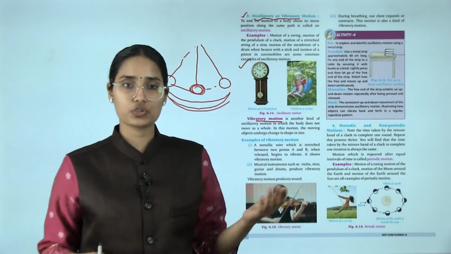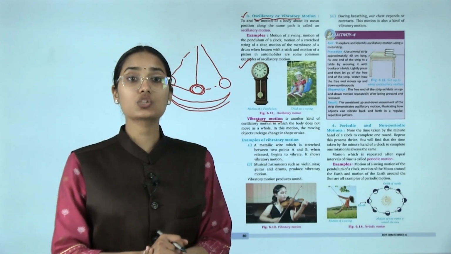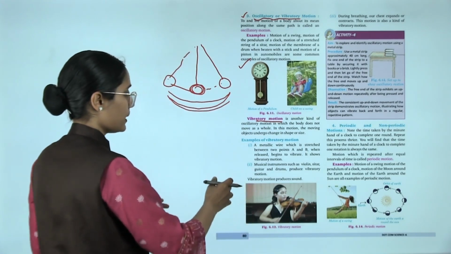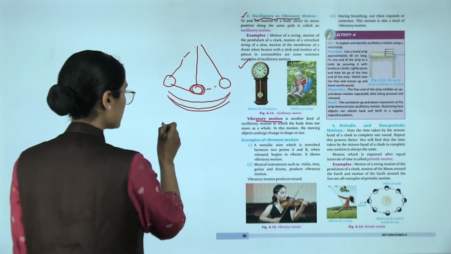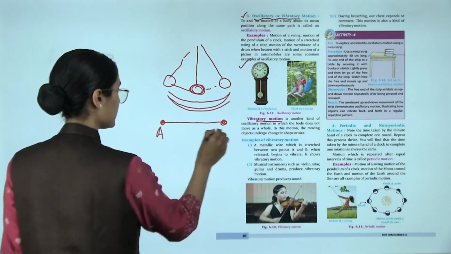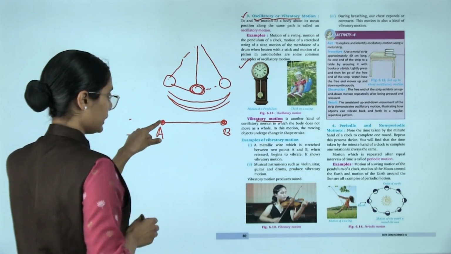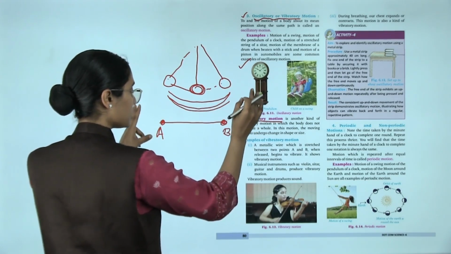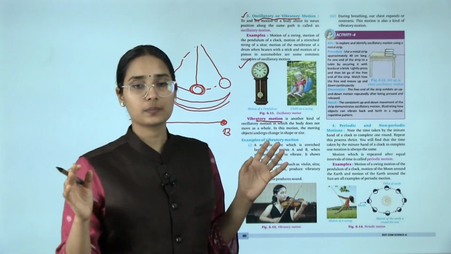So let's understand this with an example. In case of vibratory motion, a metallic wire which is stretched between 2 points A and B, when released, begins to vibrate. It shows vibratory motion. So let's say in a guitar, or let's say you just take a thread and stretch it, place one end of the thread at point A and press it, and the other end at B, and make sure there is tension at both the ends.